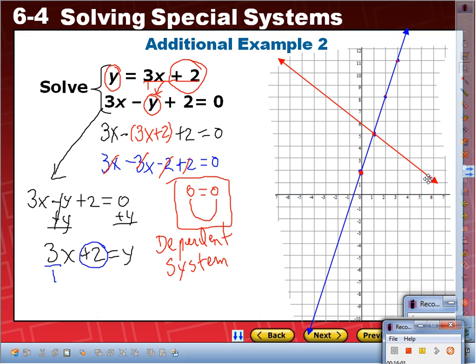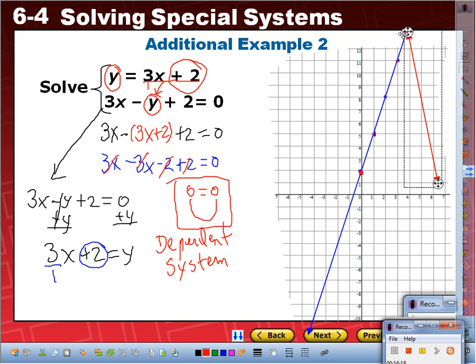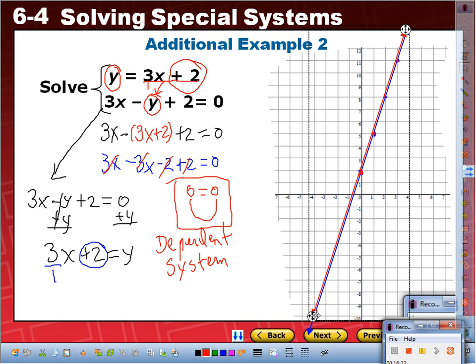And then we saw that parallel lines do not have a solution, right? But this one we said is called a dependent, and we just found out that the lines were identical, or the equations were identical. Look, 3x plus 2 equals y, y equals 3x plus 2.